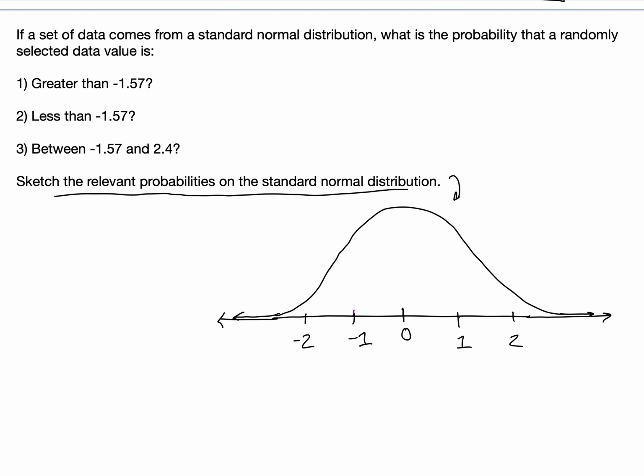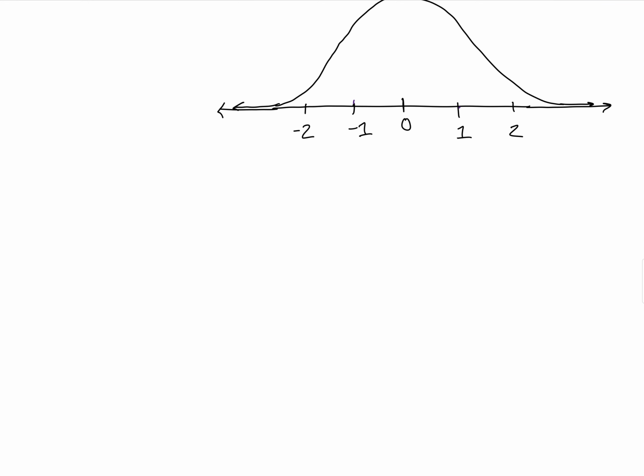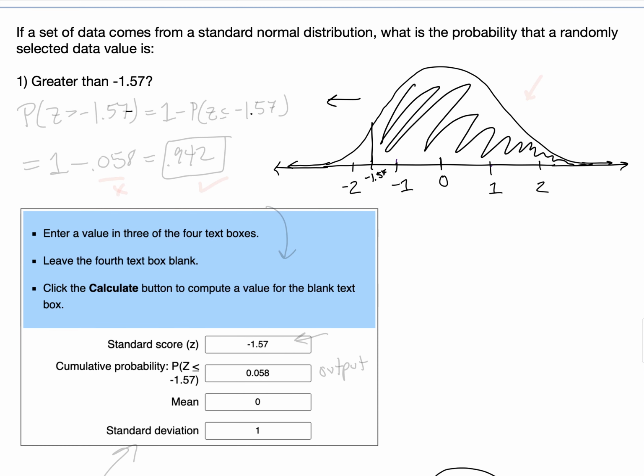Okay, the probability that a data value is greater than negative 1.57, so negative 1.57, something around here, and we're looking for the probability that we're in this shaded region. Since a table or most of these computational devices always give the probability that a data value is less than something, that means we need to subtract whatever we get from 1.